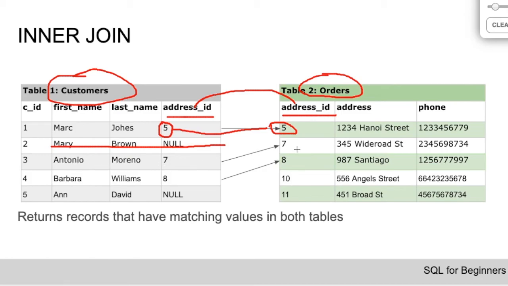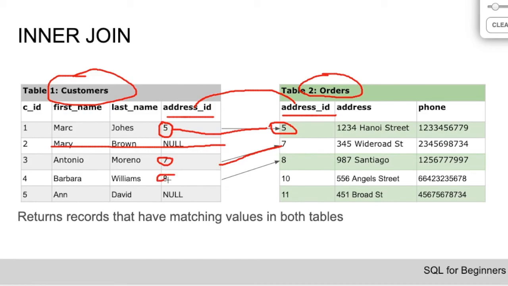And since there is address ID number 7, it's going to match with this one, okay? So in my query result set, I will see address ID number 5 and number 7, which is right here. And I'm going to the next one, which is Barbara Williams, and she has address ID number 8.